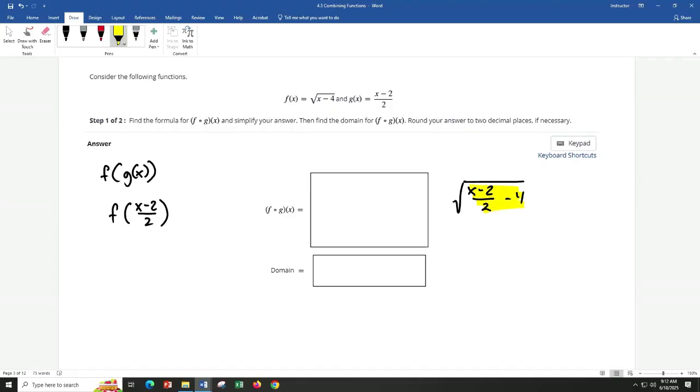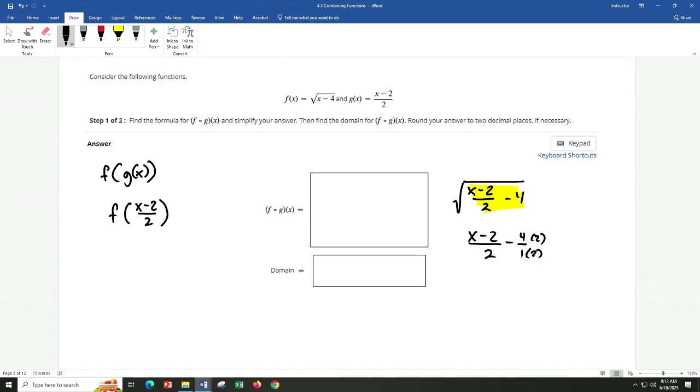That's not simplified. Okay, maybe it'll take it. I'm saying it's not simplified. So go ahead and simplify it real fast. Okay, so notice you don't have a common denominator. So come in here, x minus 2 over 2 minus, well, that's 4 over 1, right? Which means I can take this to do what?